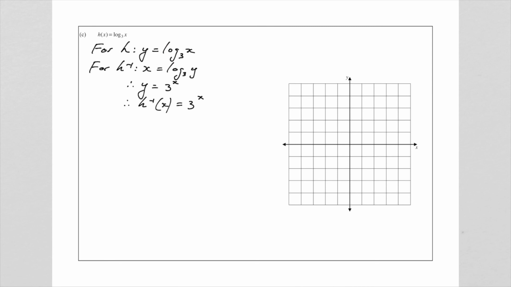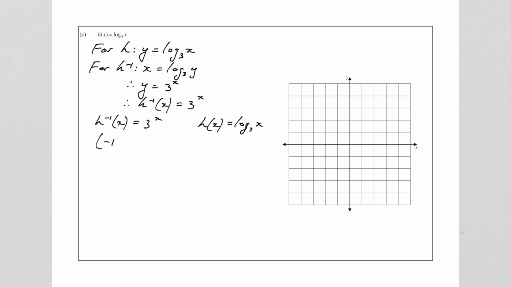And then to find the 3 points for the log graph, we will just interchange x and y. So let's start off with the inverse function, which is the exponential, and then we're going to look at h(x), which is log x with a base of 3.